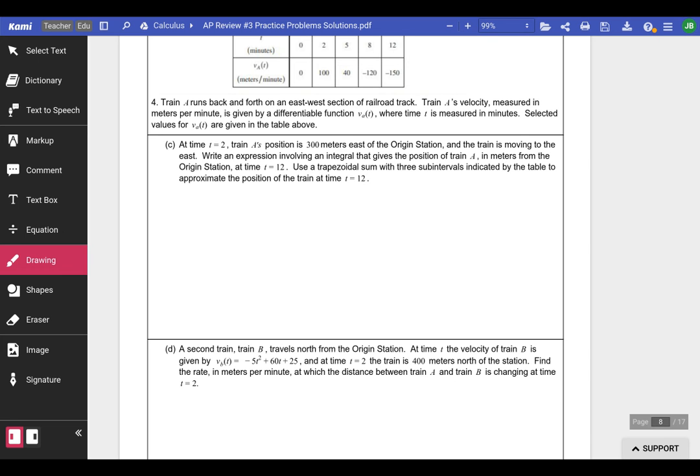So what I need to know here, I'm going to use S of t for position. And just to be consistent, I'll use that sub A. So position of train A. So what I know, that position, and I'm trying to find it at time 12, has to be equal to its starting position or its initial position.